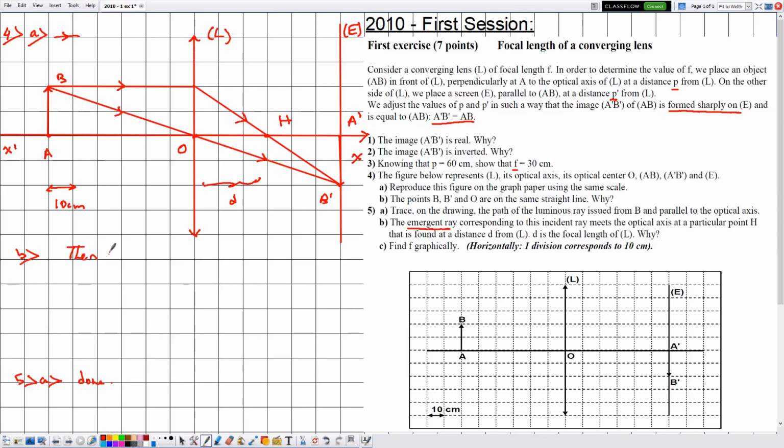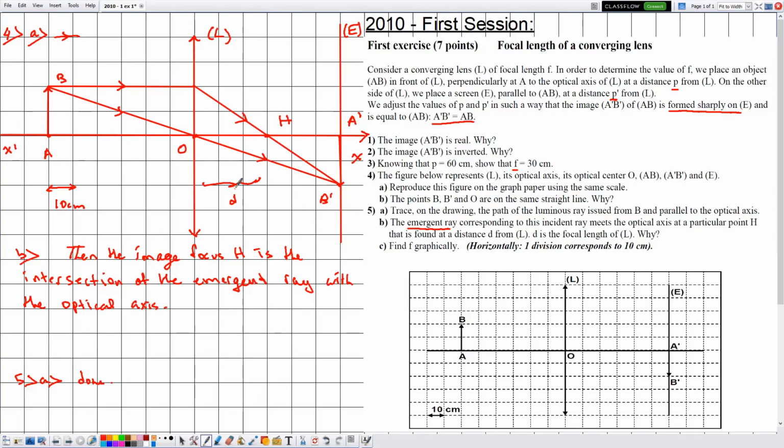Then the image focus H is the intersection of the emergent ray and the optical axis.